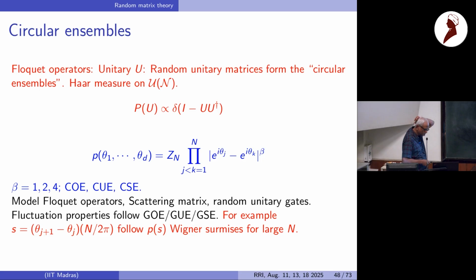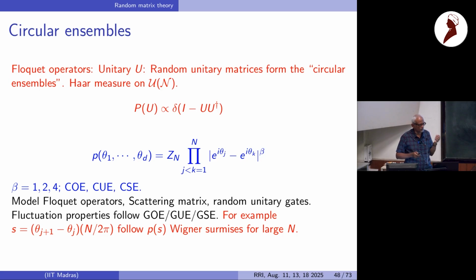I must say that calculationally, the simplest ensemble is CUE. And in fact, when one says typically, okay, let's pick a unitary matrix at random, they mean the circular unitary ensemble, sometimes called a Haar measure on U(N), because the space of unitary matrices is some large sphere, and you're taking every point on that sphere as a unitary matrix, you're kind of sampling that sphere uniformly.